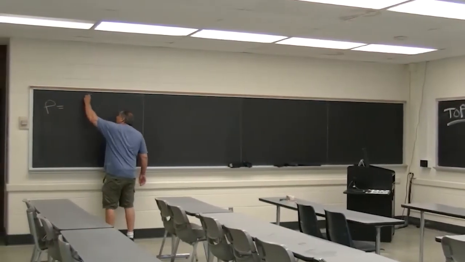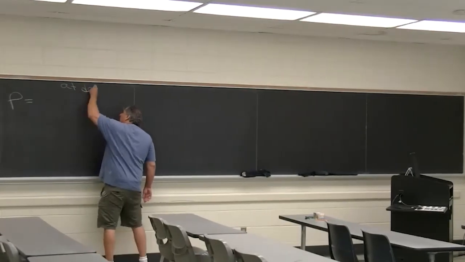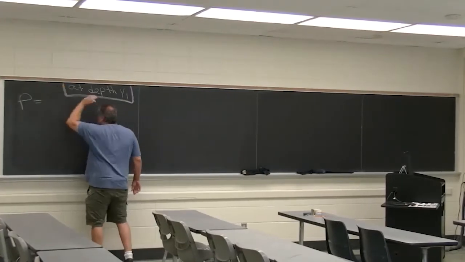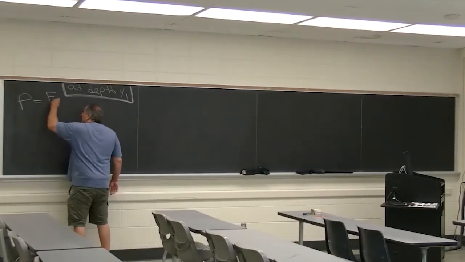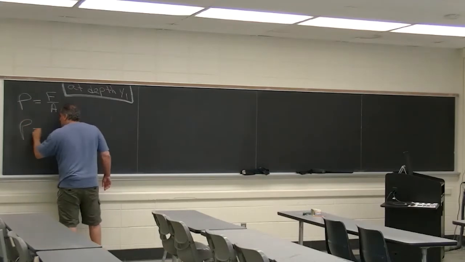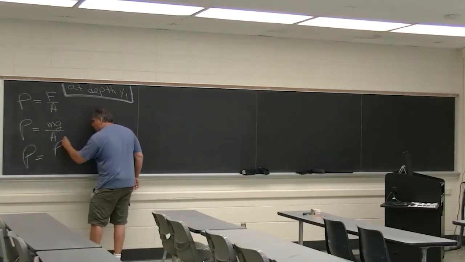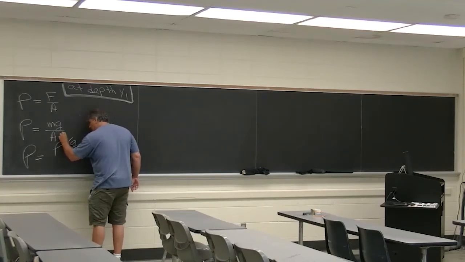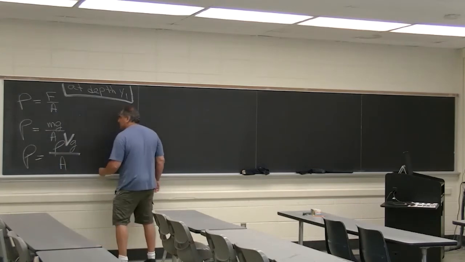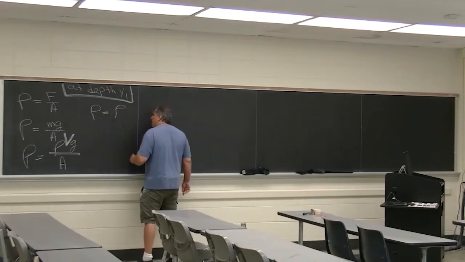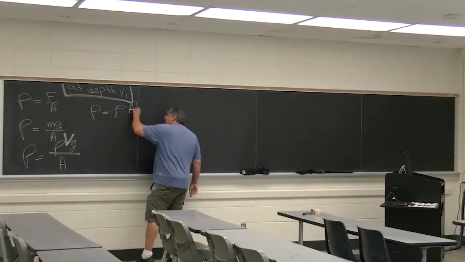Pressure at depth Y1, but at any depth, guys, just happens to be at Y1 right now, is F over A. We said that was mg over A. We said that was rho V g over A. Rho is rho. Is V A times the height?